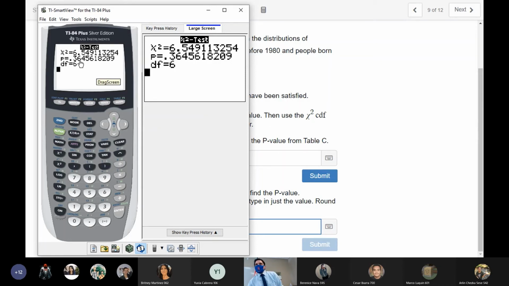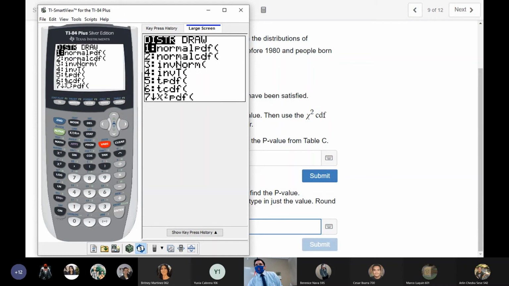We get 0.3646, which is what we round this to if we're doing 4 decimal places. We can also go to second vars, above that says distribution, and go down to the chi-squared CDF. This one right here.